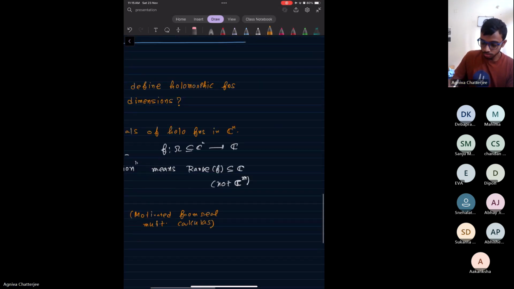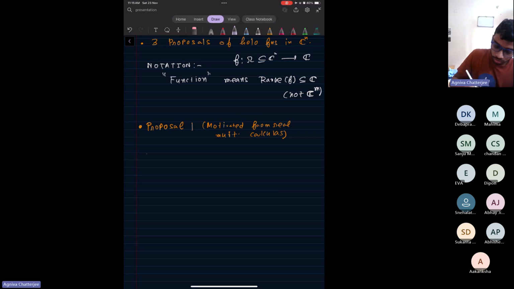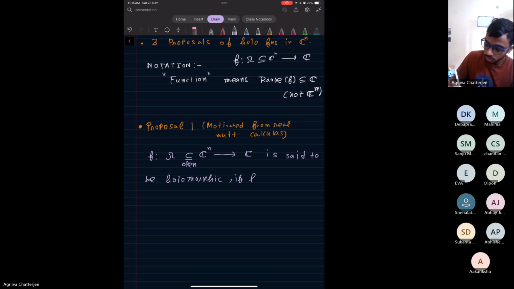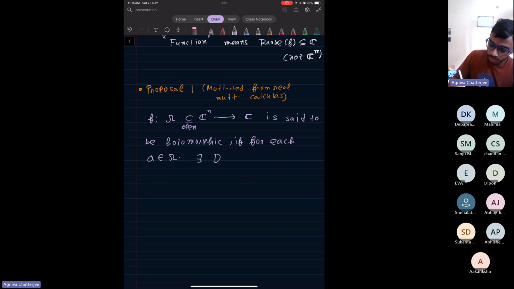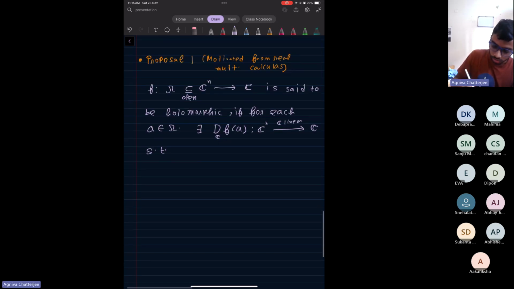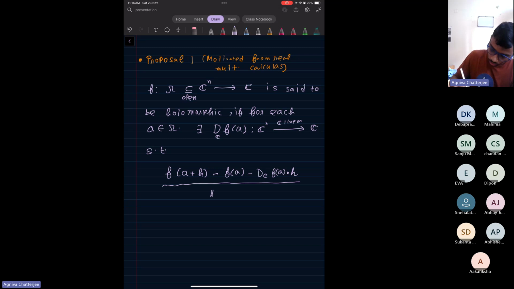Okay. So a function f from an open set omega in Cn to C is said to be holomorphic if for each a in omega there exists a C-linear map D, which I'm representing as D_C f_a, from Cn to C, such that this quotient goes to 0: f of a plus h minus f of a minus D_C f_a dot h, divided by the norm of h.